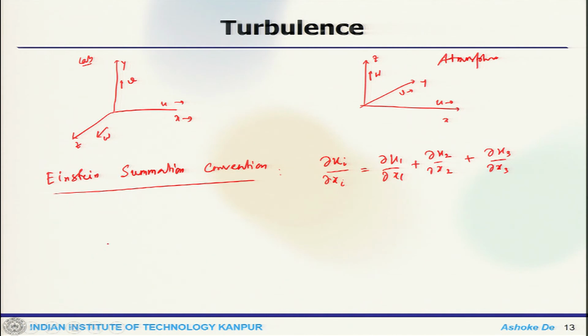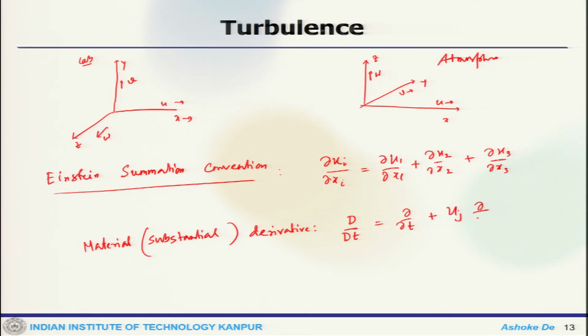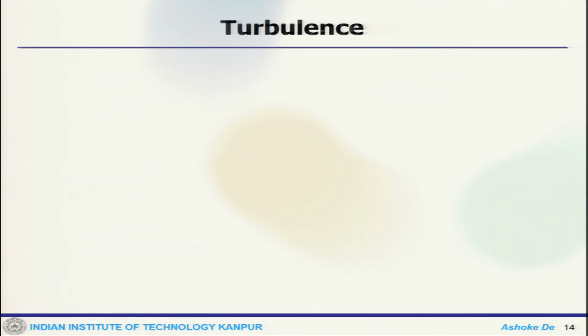Now, we will write the material or substantial derivative, which is d/dt, that is del/del t plus uj del/del xj. So, these are the two things which will be commonly used while we will be discussing more about these things.